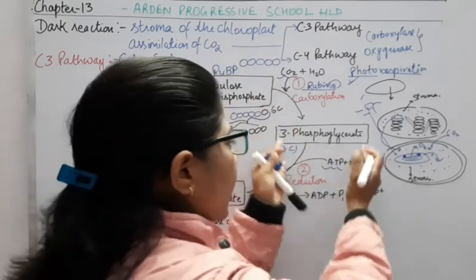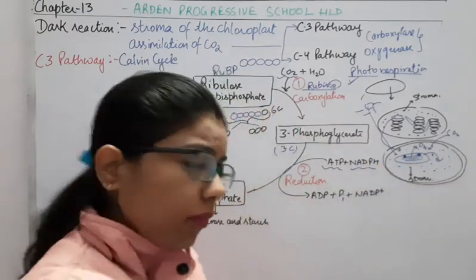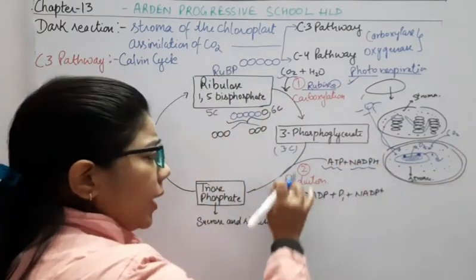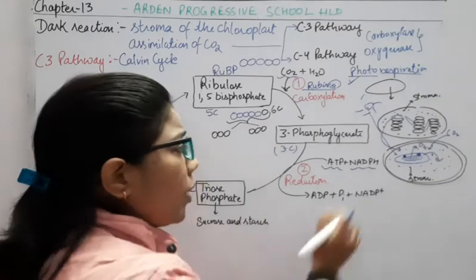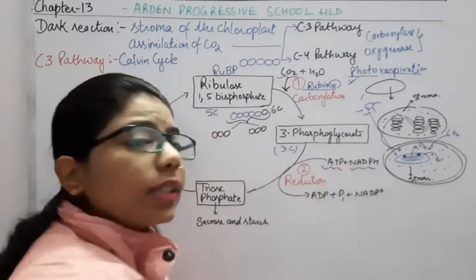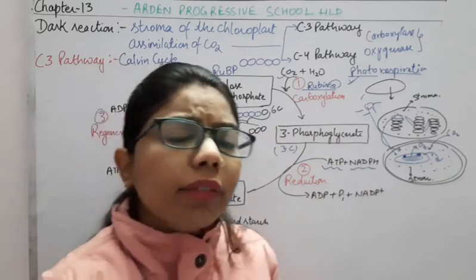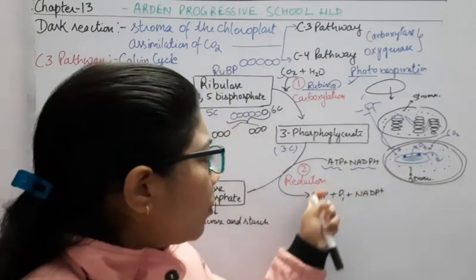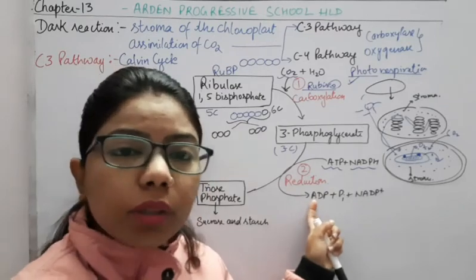Okay, so all this is happening in the stroma. Right. So with the help of this ATP and NADPH, what is going to happen? It will add the phosphate, because what is the role of this ATP? ATP is providing the phosphate. Okay, and after providing this phosphate, it will convert into ADP.